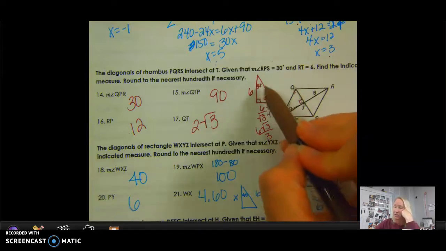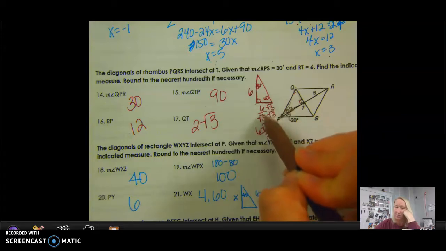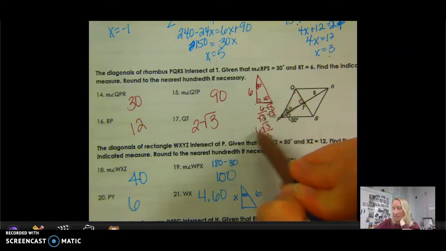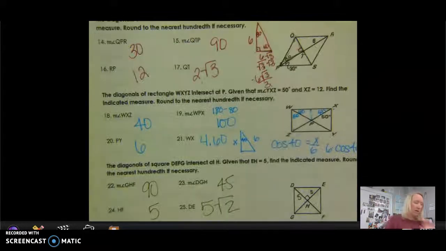So if I labeled that as a 30 and this is 60, we're going from medium side to short side. So that's where I divide by the square root of 3. And then I need to rationalize the denominator. So I get 6 square roots of 3 over 3. 6 divided by 3 is 2. So that's 2 square roots of 3, which is 3.46 if you got the decimal.